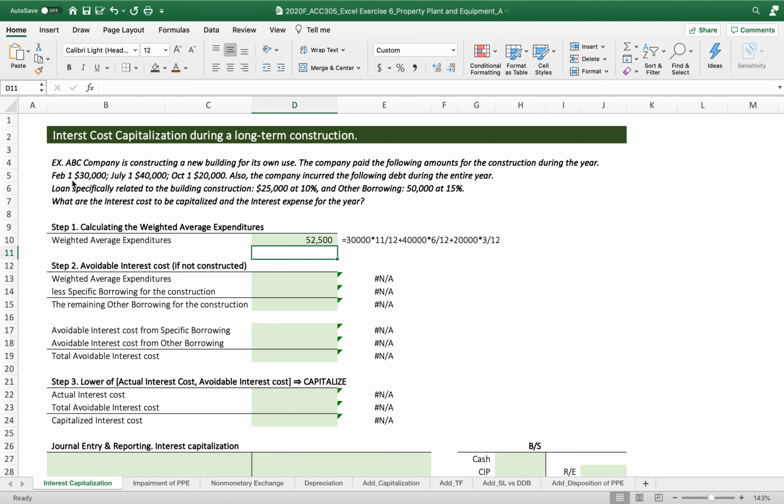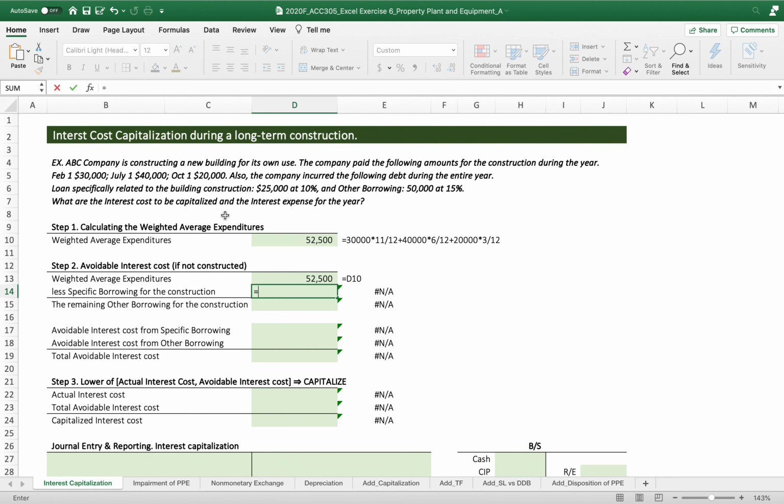Now let's calculate the avoidable interest cost to compare with the actual interest cost, to get the lower of actual interest cost or avoidable interest cost to be capitalized. First, the weighted average we calculated already, and then less specific borrowing for the construction. How much is the specific borrowing? In the question, $25,000 is the amount of specific borrowing to construct the building.